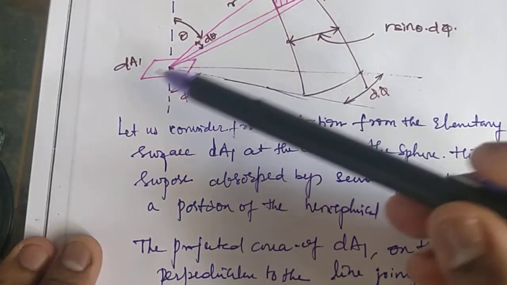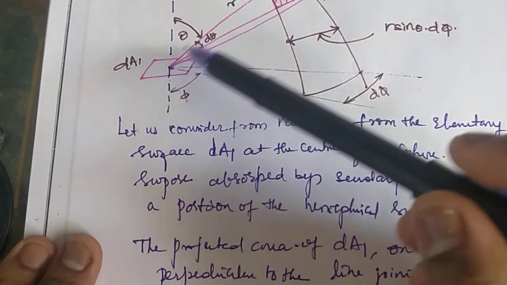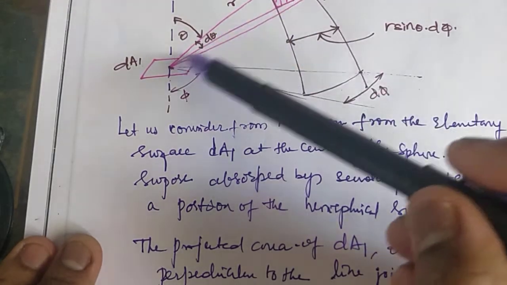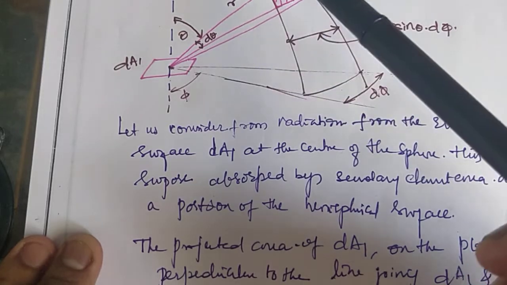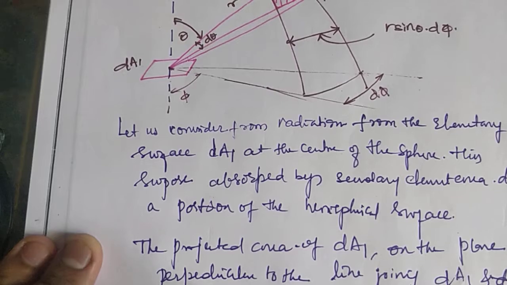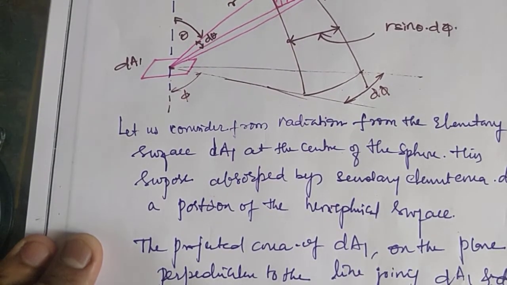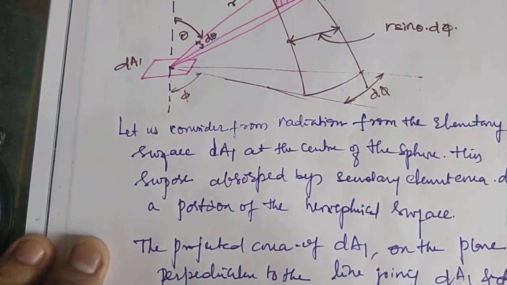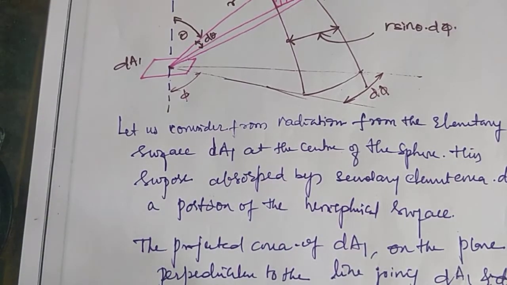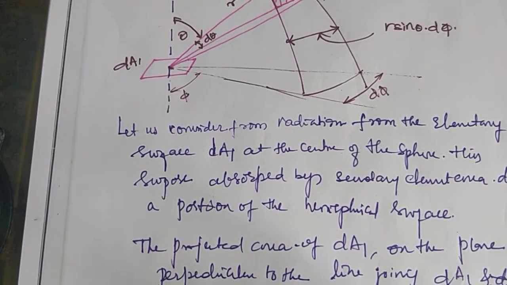The projected area of dA1 on the plane perpendicular to the line joining dA1 and dA2. So if it is perpendicular, we can write dA1 cos theta, and the projected area is equal to dA1 cos theta.